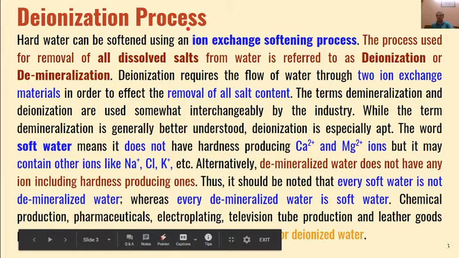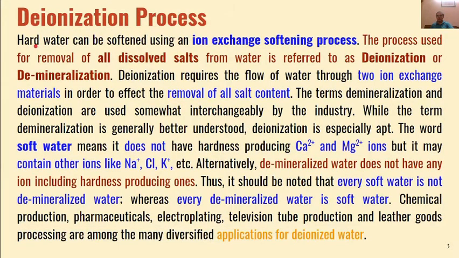Now, in the deionization process, hard water is made soft water using ion exchange resins, and this process is therefore also known as the ion exchange softening process. Here all the dissolved salts are removed from water, and hence this process is known as the deionization process or demineralization process, because all dissolved salts or minerals are removed in this process.